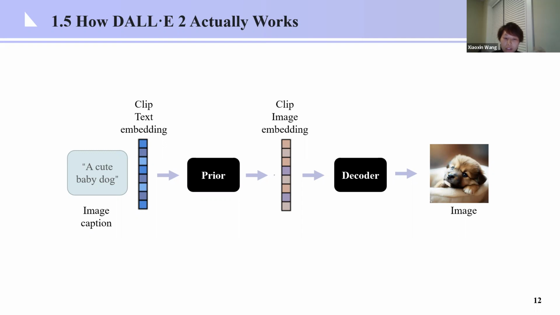The prior takes the CLIP text embedding, which is easily generated from the caption through the CLIP text encoder, and creates a CLIP image embedding out of it. The researchers tried two different options for the prior. One of them is called the autoregressive prior, and the other one is called the diffusion prior. But they found that the diffusion model works better for DALL-E 2.